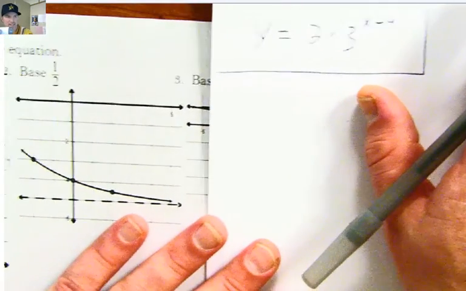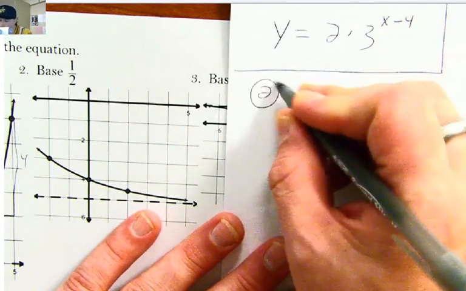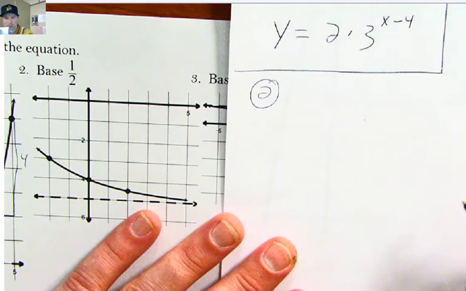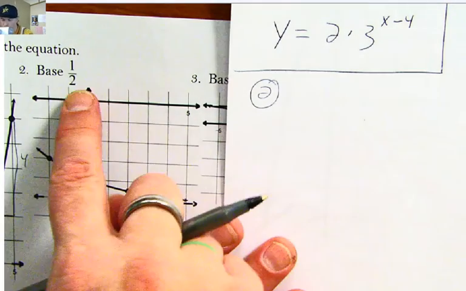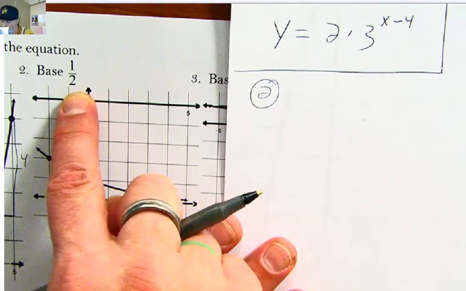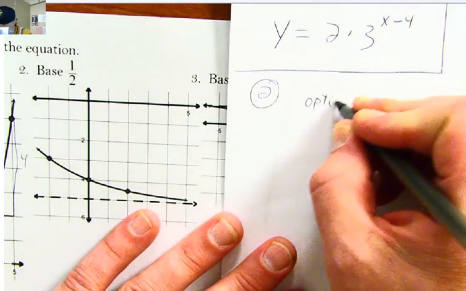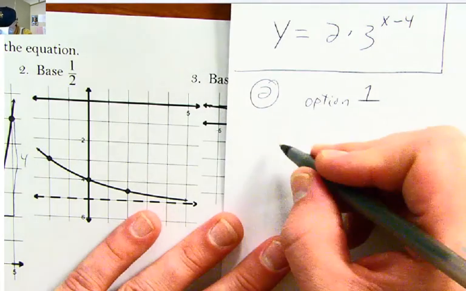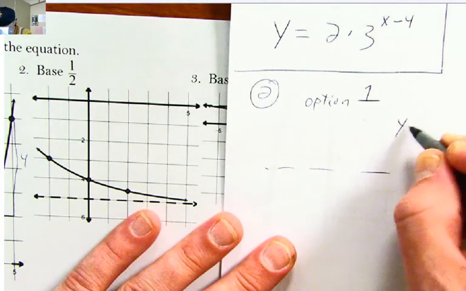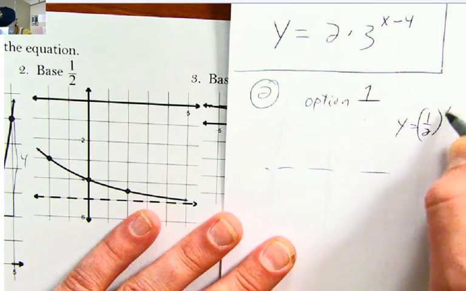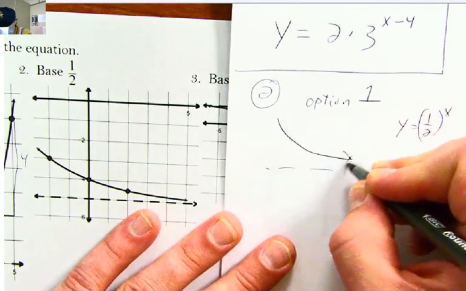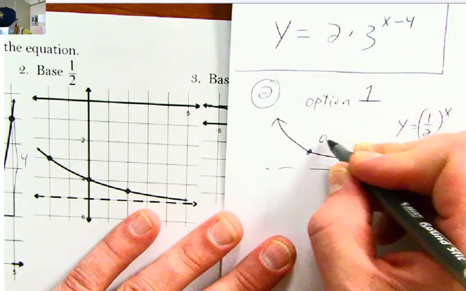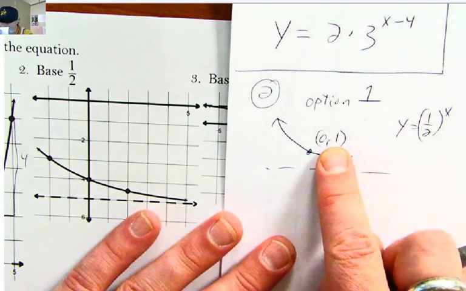I'll put number, let's see, space it like this. Okay, number 2. Now, this is the one where I'm going to do this problem 2 different ways depending on if you're an option 1 or an option 2 person, because I notice it's saying base of 1/2. If you're option 1 and you like to think about the 2 different graphs, I'm used to a y equals 1/2 to the x graph being a decay, so it would look like this, and you're going to use the key points of 0, 1.